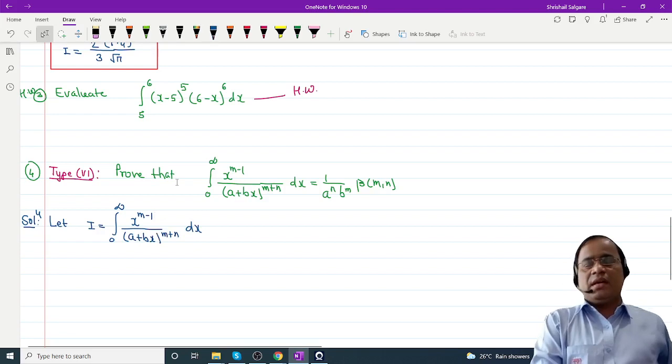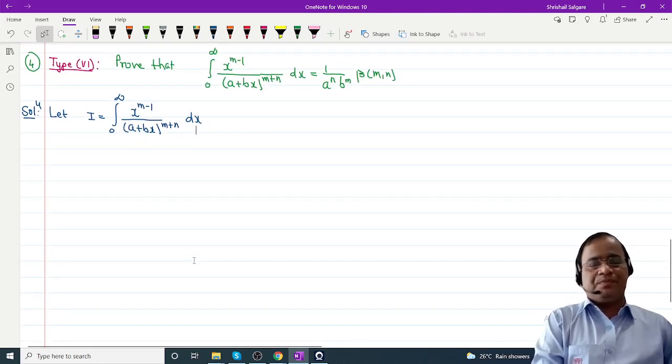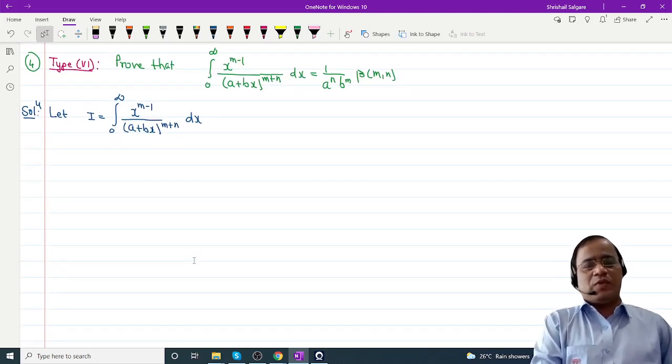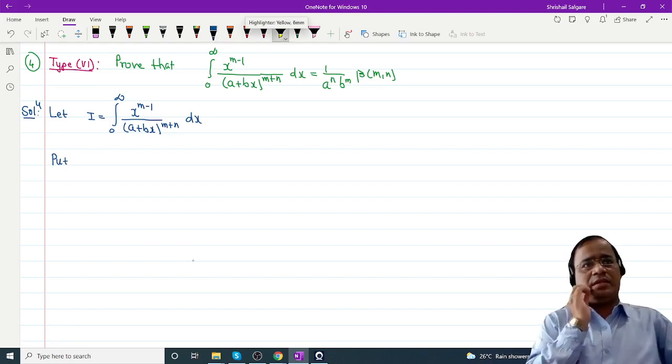When the integrand is given in rational form, x raised to something upon a plus bx, we treat this as the third definition. One definition we have studied is 0 to 1 x raised to m minus 1 and 1 minus x factor, the second definition we have studied in terms of trigonometric terms, and this is the third. Now again remember, the substitution is a standard one. So what do you have to substitute in this integral?